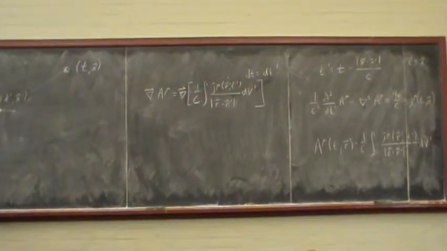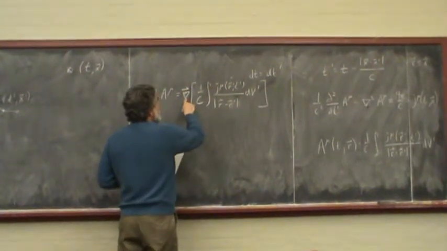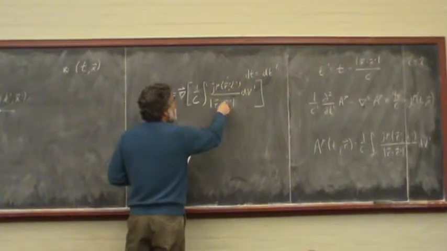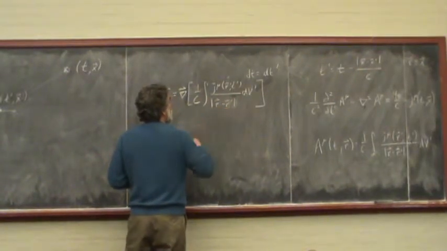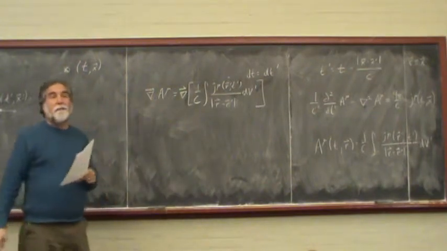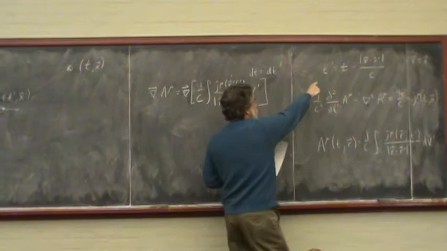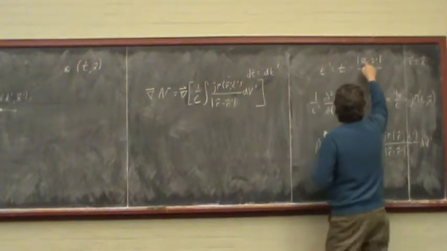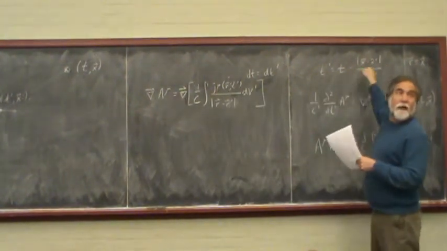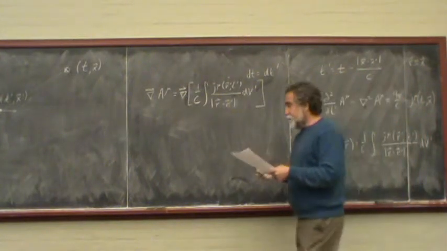And I need to find some way of operating del on this difference here, that's r minus r prime, and I've got a relationship between r prime and t prime. Right? That's given up here. t prime equals t minus r minus r prime over c. So I've got a relationship in there that I've got to take care of.